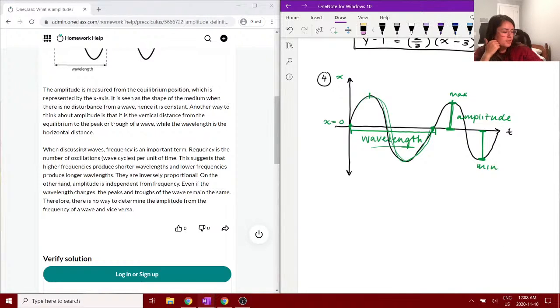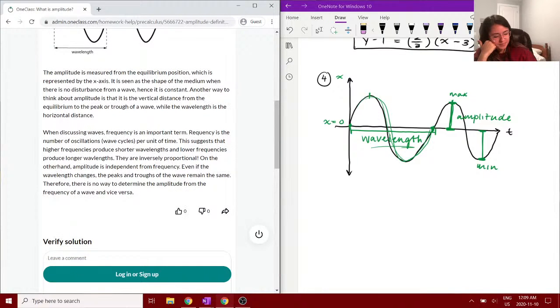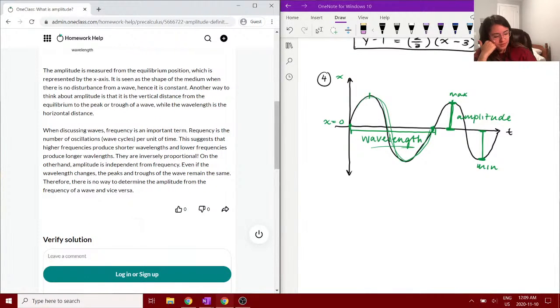Both of these things that I've drawn should be the same value. I just obviously don't have a perfect drawing. So the amplitude is the vertical distance, and the wavelength is the horizontal distance.